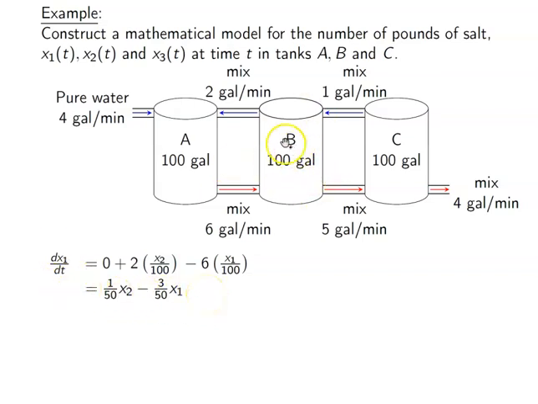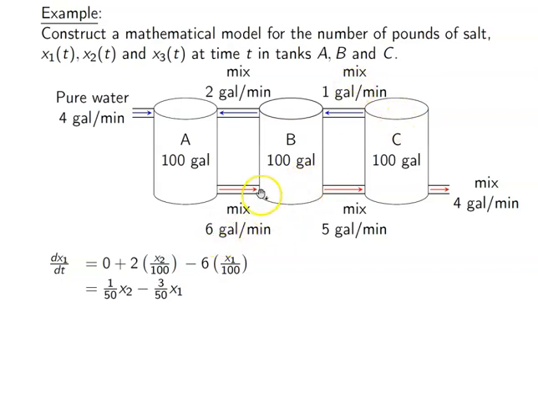I'm going to do the same thing here. Let's look at what's happening to B. Let's start with what's coming in. Coming into B is some unknown amount x3, out of the 100 gallons that's there, and that's coming in at 1 gallon. I also have x1 over 100 coming in at 6.